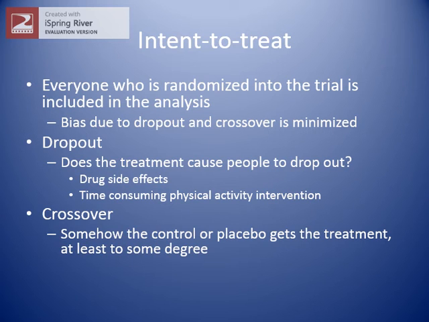And that section thinks it's awesome and they start teaching their friends in the other section. Well, the section that's supposed to be the control is getting some of the treatment. That's called crossover, and it's going to make it hard to tell whether the technique really works because your control group actually got some of the technique. So you want to minimize crossover to the extent possible.